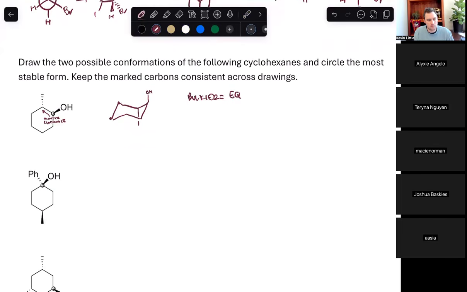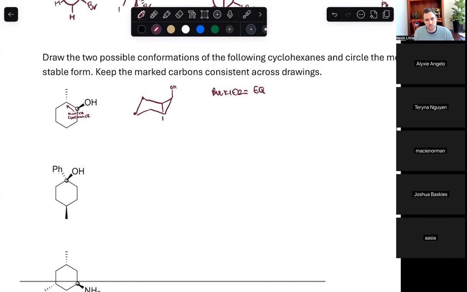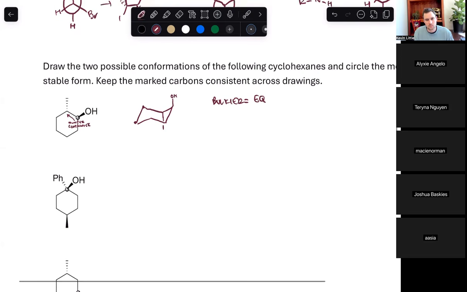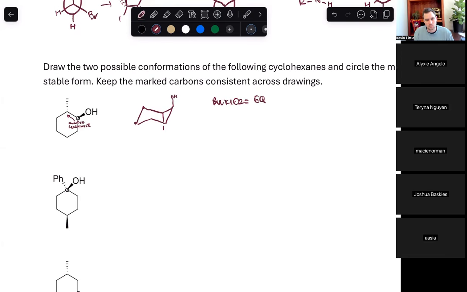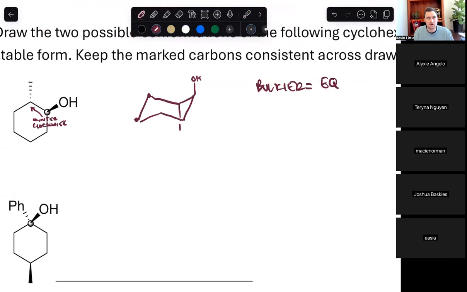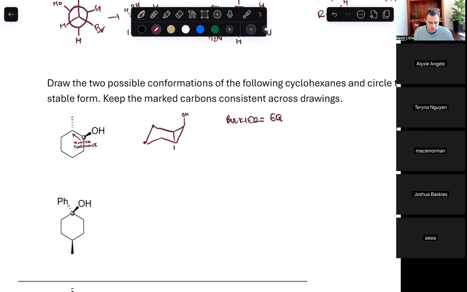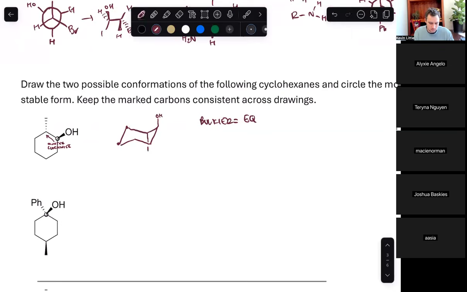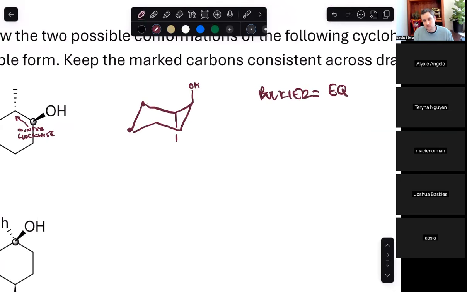So does it matter where you start on the carbon, like either corner? Like for the OH, say if I put it on the top left, does that matter or no? Realistically, it doesn't, but in order to keep grading the same, I'm going to tell you which carbon should be the furthest right carbon.